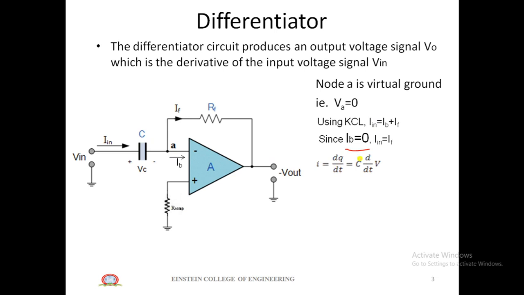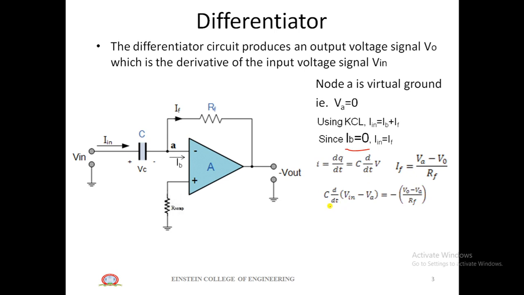Then we can write the current equations. I in is the current flowing through the capacitor, so that equation can be written as I is equal to C dV by dt. And IF can be written as the current flowing through the feedback resistance. It is VA minus V0 divided by RF.